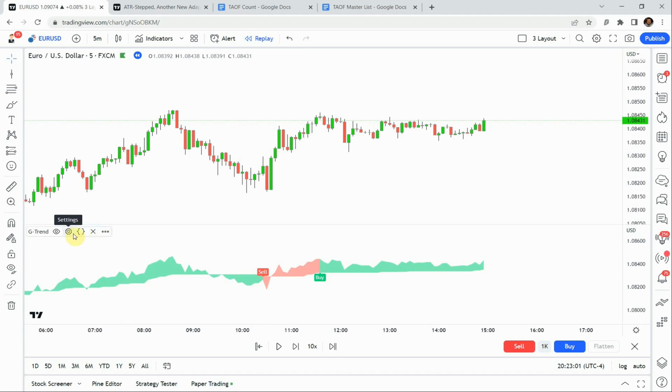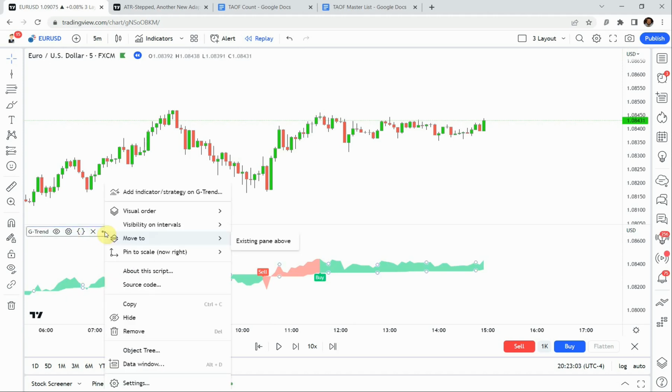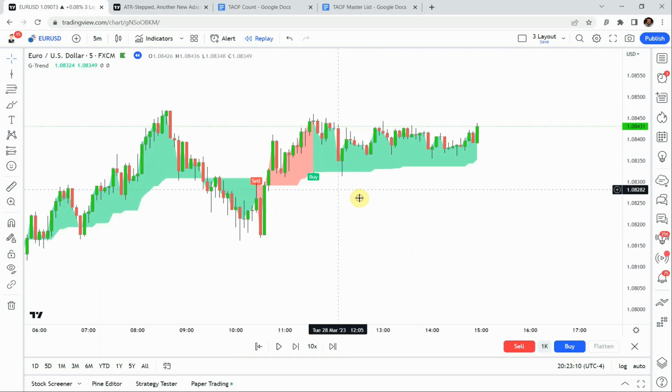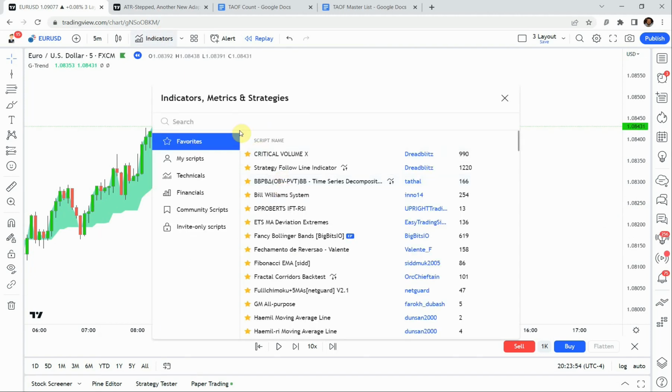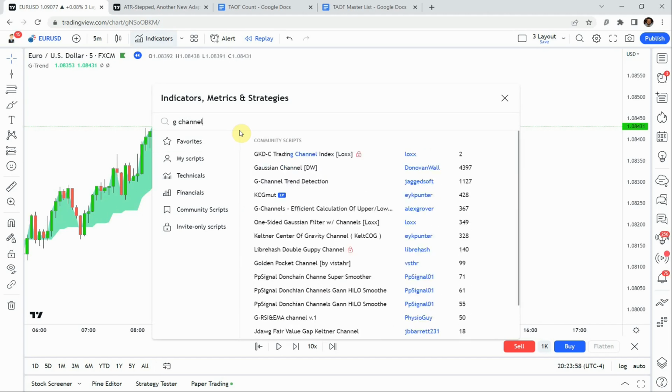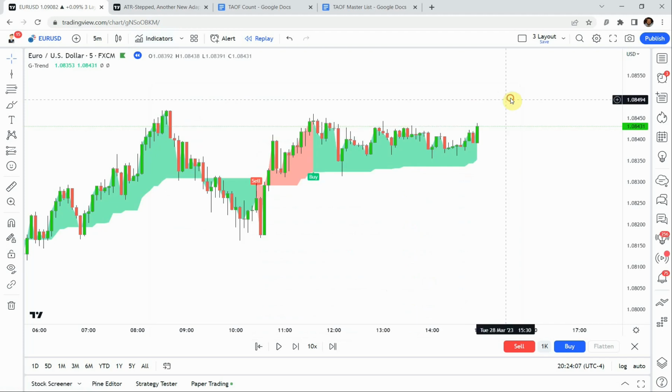Now I did make a slight modification to this. This was originally up on screen like this here. To find this indicator, you will go up to the indicators tab here and type in G channel, and it's going to be the G Channel Trend Detection indicator by Jagged Soft, and you will add that to the screen, giving you this right here.